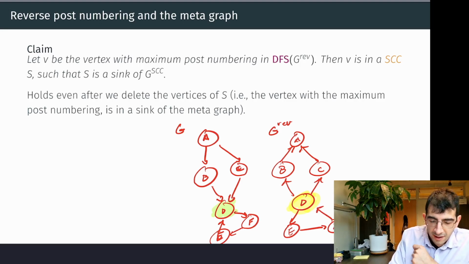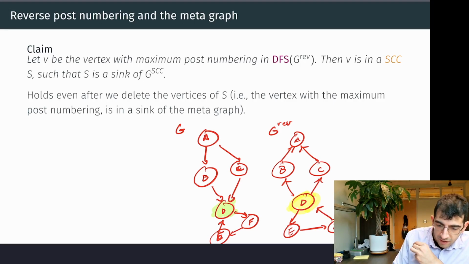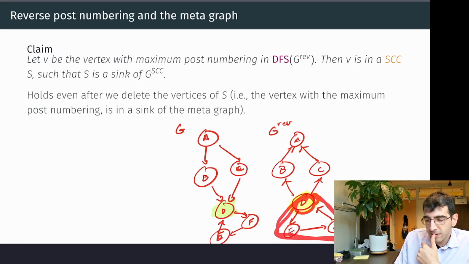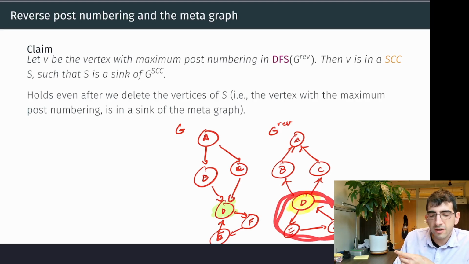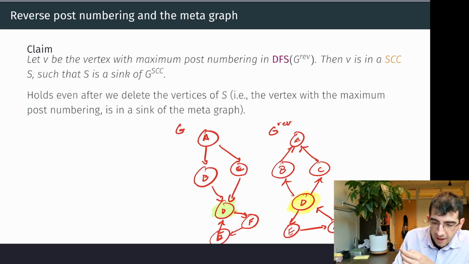Well, the good news is that if this vertex was in a sink strongly connected component in the original graph, then it looks like this vertex is in a source strongly connected component of the reverse graph. Okay, and this will hold even if we delete strongly connected components one by one. We don't have to recompute this every single time. The post-order numbering holds.